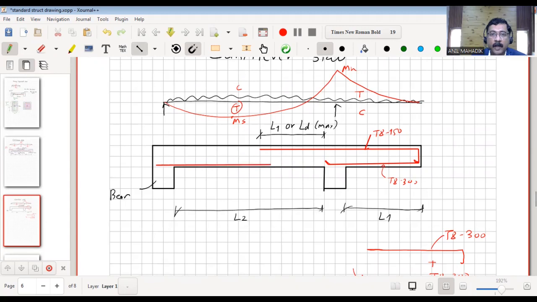Yes, so it will be bent up like this. You need to continue here, 50% bars, and then again here like this.